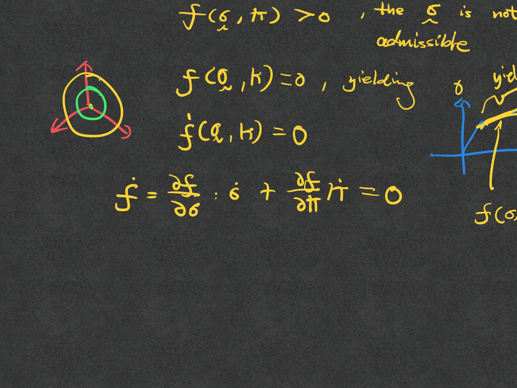Okay, if you write a function for a circle and you want to move the center, you have to write x minus the center position component squared plus y minus the center position component squared equals the radius squared, right?